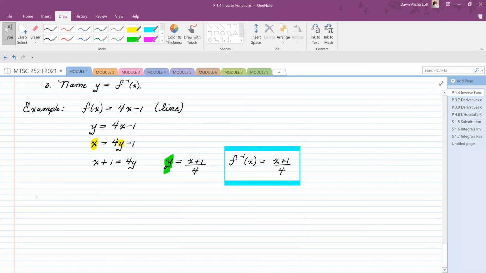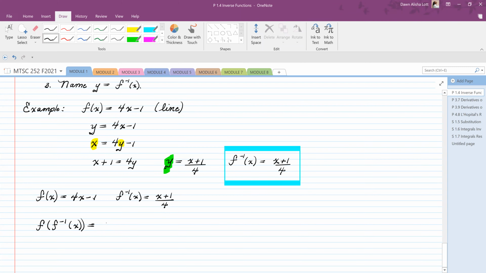So we have f of x is 4x minus 1, and f inverse of x is x plus 1 divided by 4. Okay, so what is f of f inverse of x?